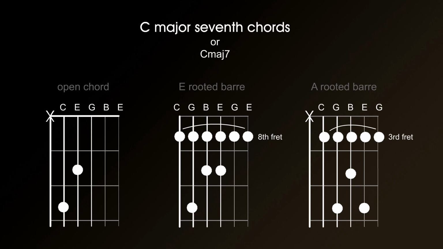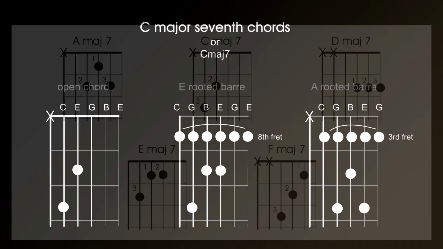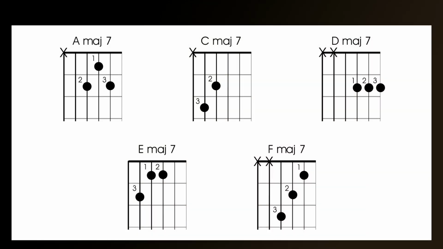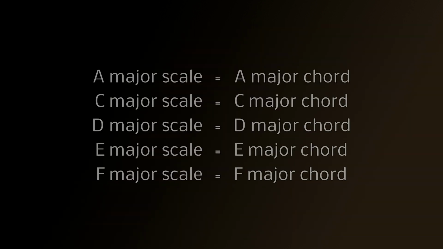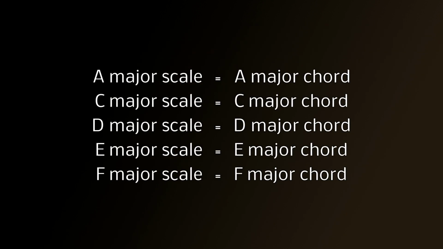Now, this same theory applies to all major seventh chords. However, remember that the name of the scale you use is what determines the name of the chord you produce. So in this example, it was a C major scale, so it produced a C major seventh chord.